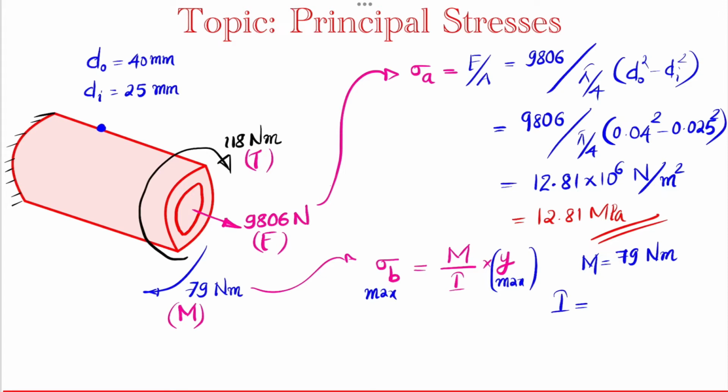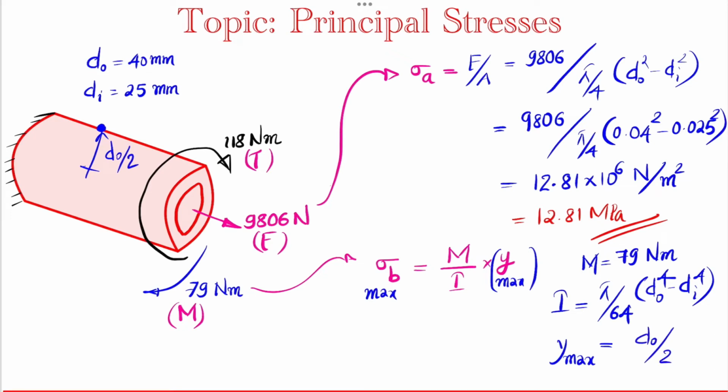So this I, for a solid shaft, is pi d raised to 4 by 64, but for a hollow shaft it is pi by 64 into d outer raised to 4 minus d inner raised to 4. And y max, I mentioned, is the maximum distance from the neutral axis, that is to this fiber, and that will be equal to the radius, or the outer diameter by 2, that is d o by 2. So here all values you can substitute in meters.